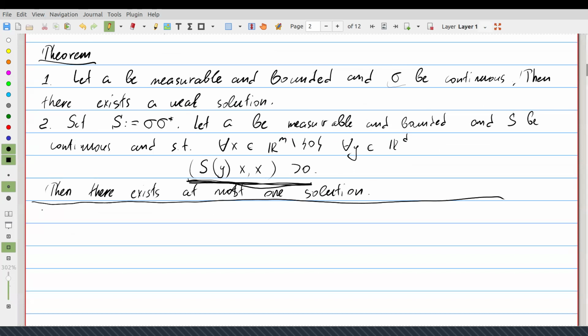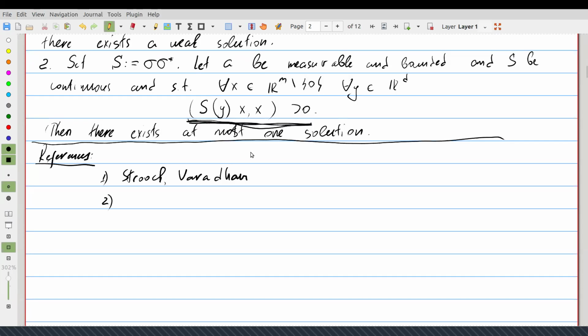Now, references that you can consult is obviously Stroock and Varadhan, Multidimensional Diffusion Processes. This is actually the book that gives the whole theory. It's hard to read, but it's actually readable. At some point in your life, you will find that this book is actually readable. But it's very technical.